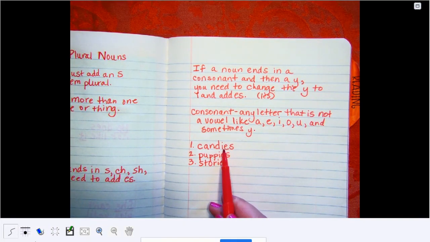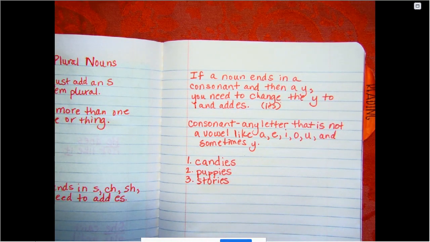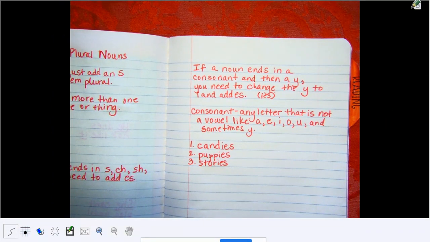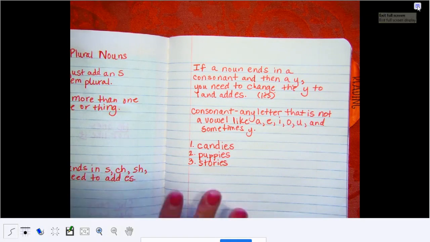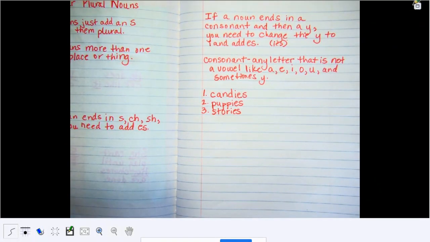So we drop the Y and change it into an I and add ES. Drop the Y in puppy and add IES. Drop the Y in story and add IES. All right, make sure you pause if you need to get anything that we've just done finished. Don't want to move on without getting it all finished.